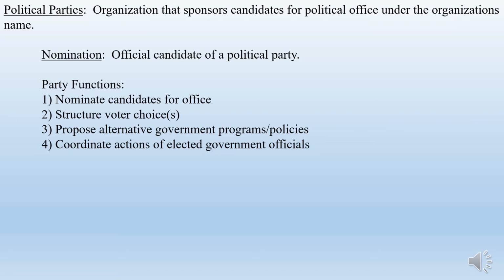Prior to that, they would be the presumptive nominee. So the person that gets the nomination is the official candidate of the political party. Donald J. Trump is the official candidate of the Republican Party here in 2020, and Joe Biden is the official candidate of the Democratic Party here in 2020.